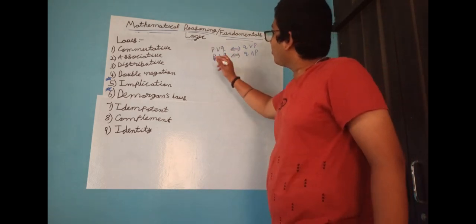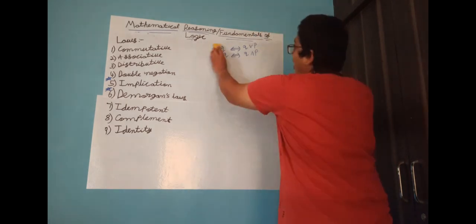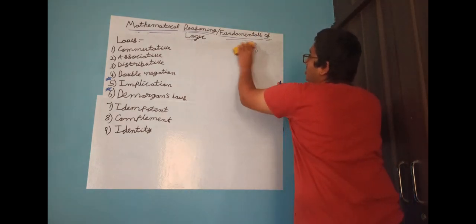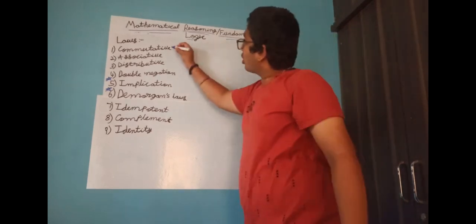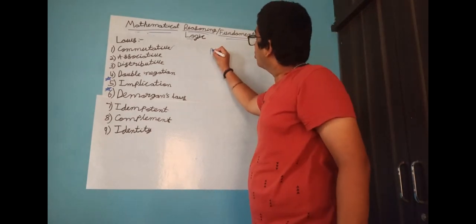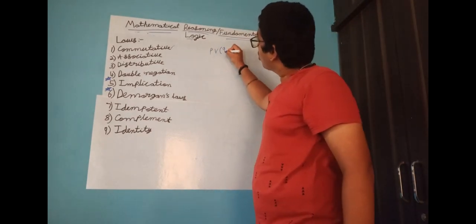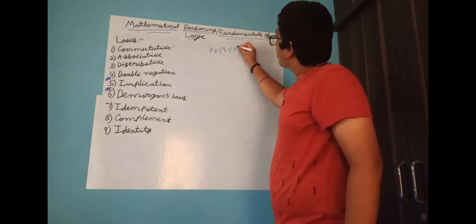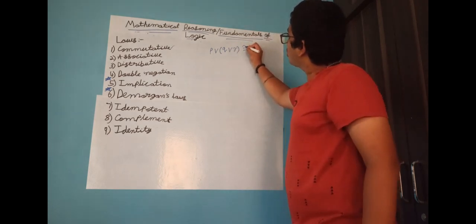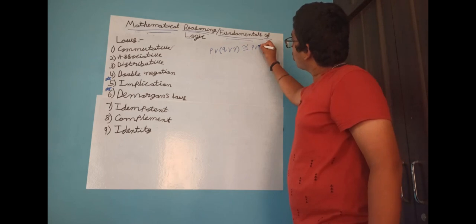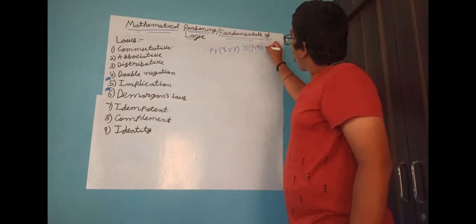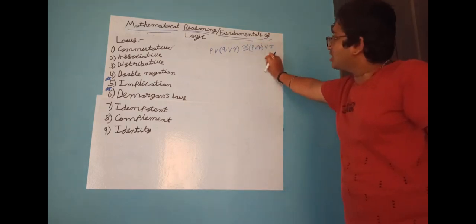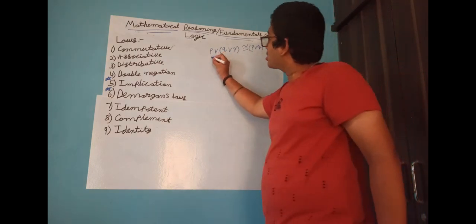Next, when we come to associative, there we take three statements. Commutative is done. Now associative. P or Q or R is similar to P or Q or R, grouped differently. This is one, and one more also I will explain.